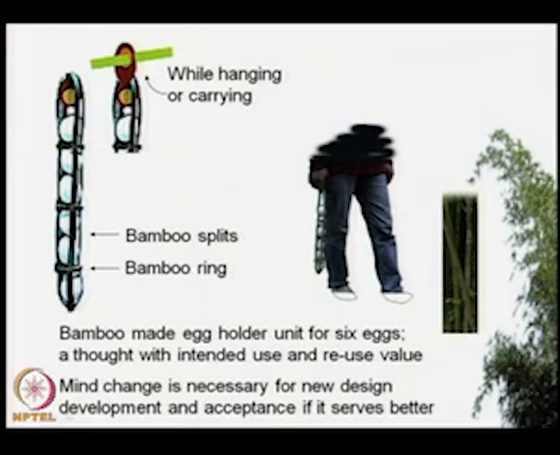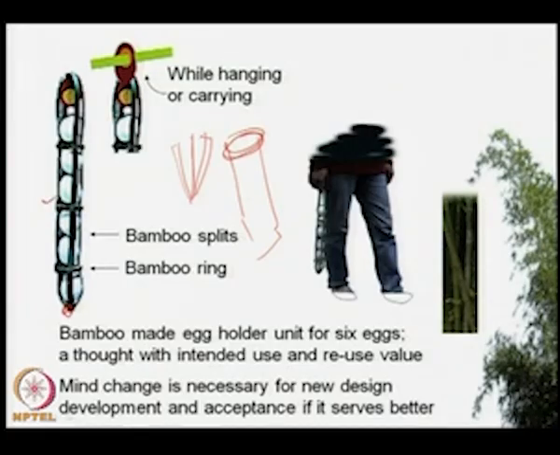Bamboo splits are like this. If this is a bamboo, split it in this type of figure, tie it here, then tie it here, and use bamboo rings in this position. This is the bamboo rings and the bamboo split.